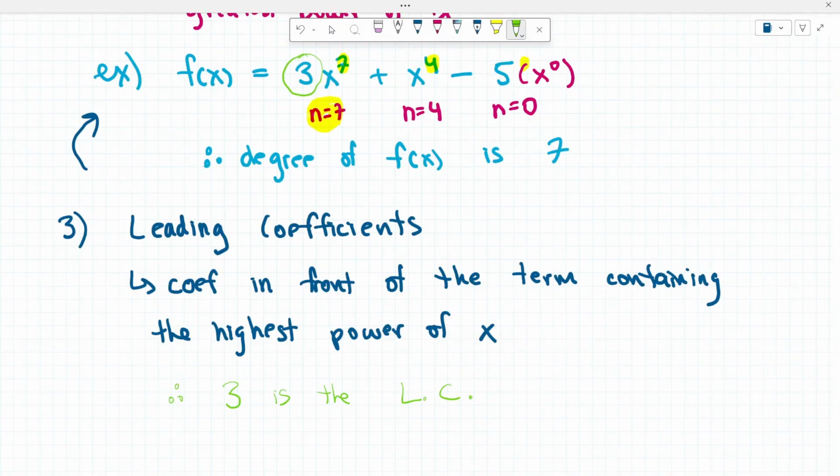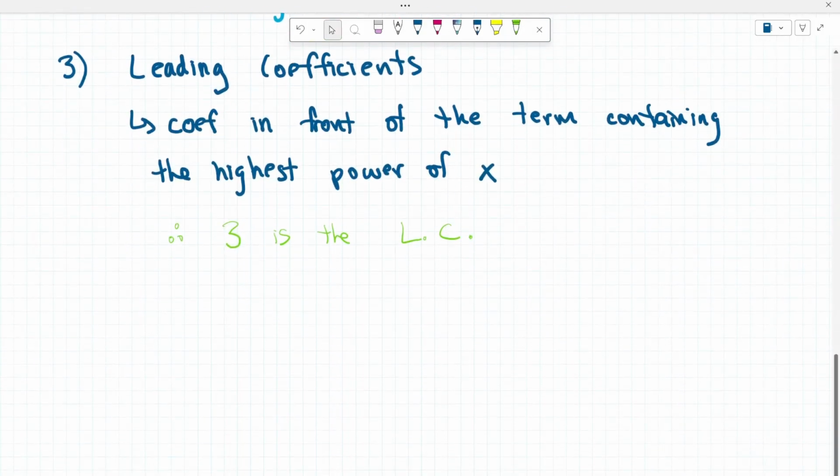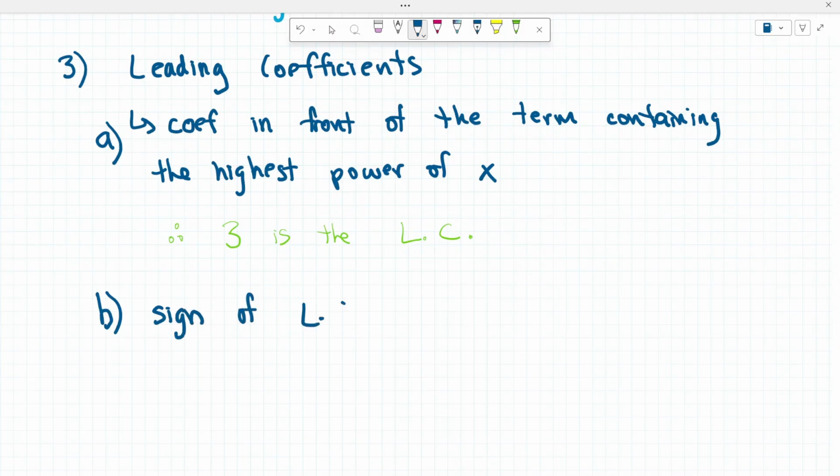So when you discuss polynomials, you'll talk about its degree, and you often also talk about the leading coefficient. Along with the leading coefficient, there's 2 things we have to think about. So part A is the coefficient that's in front of the highest power, and part B is looking at the sign of the leading coefficient.